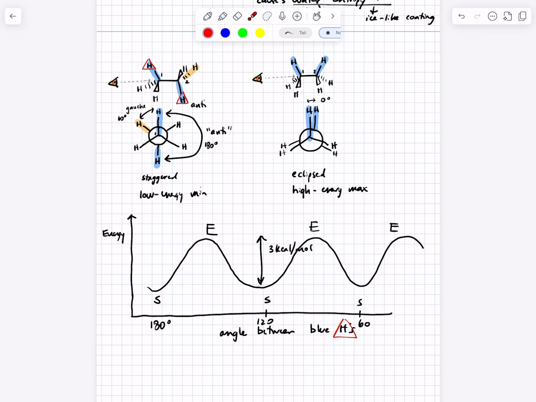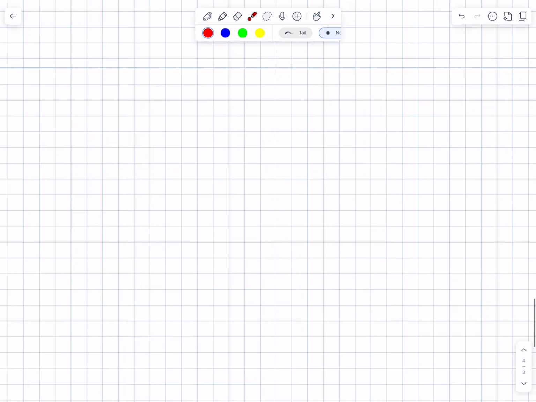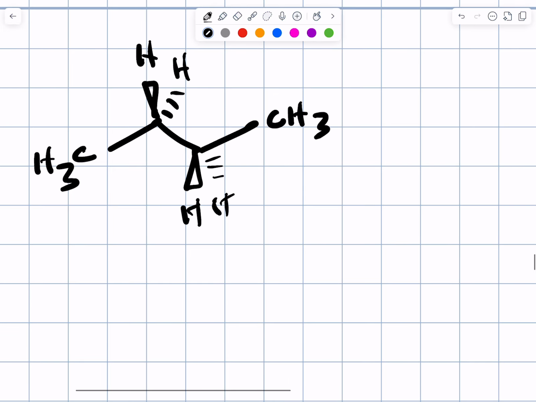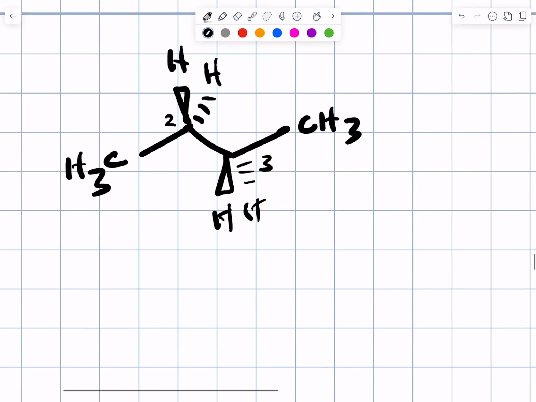So let's now have you turn to your quiz. We want to do this same thing for the molecule butane. So here is the Lewis structure of butane. And I want you to focus on the bond between carbons 2 and 3 of butane.